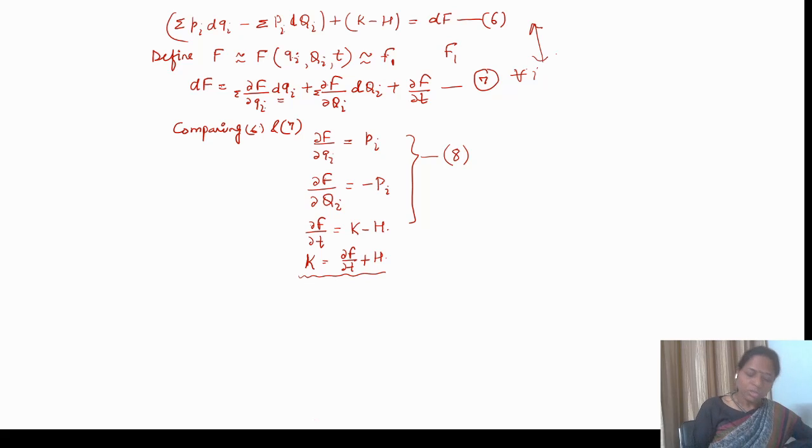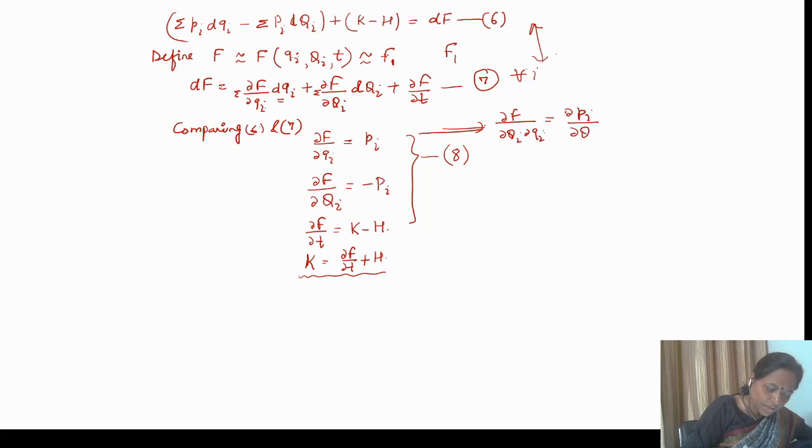Now we look at one example of how without finding f you can prove that your equations are canonical. First of all, you look at these equations. 8. If I differentiate this equation with respect to capital Q, then I get delta pi delta Qi.